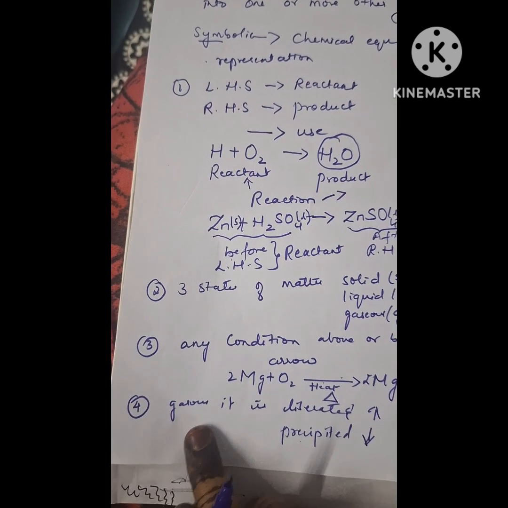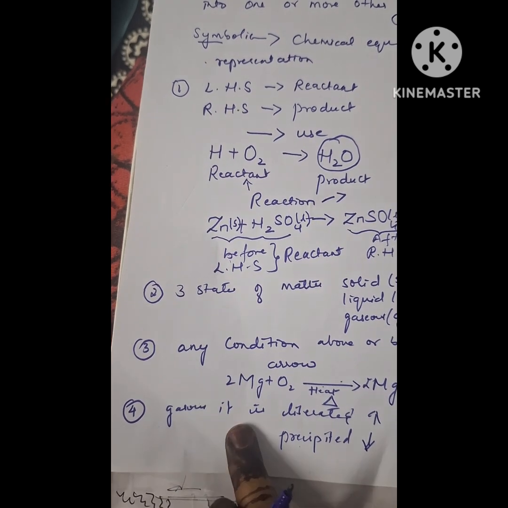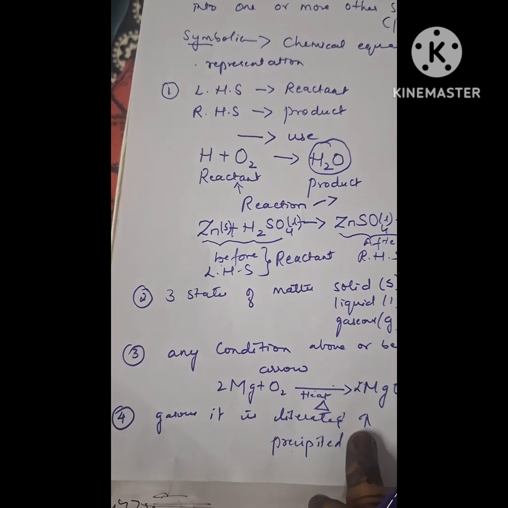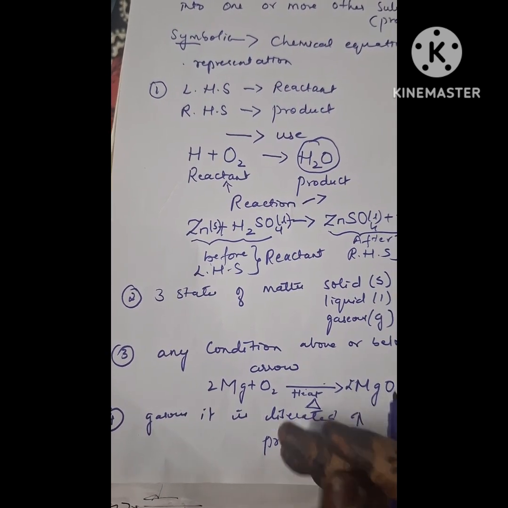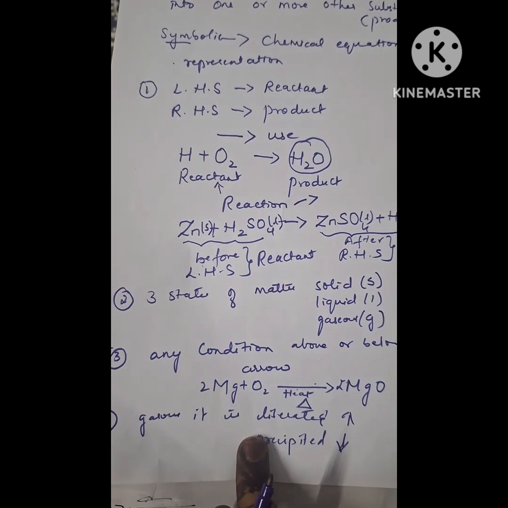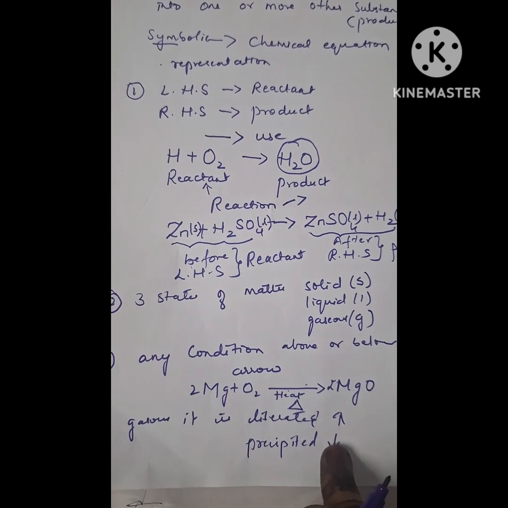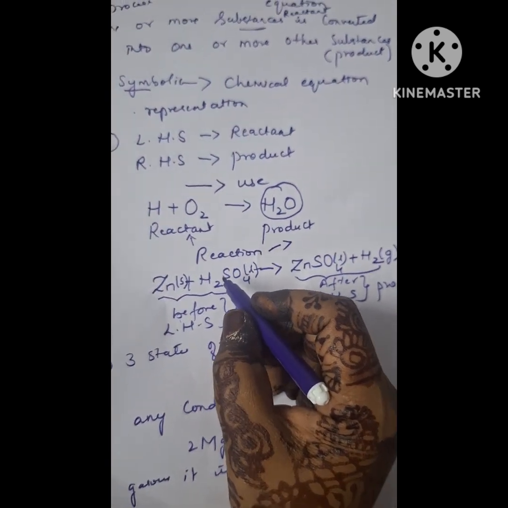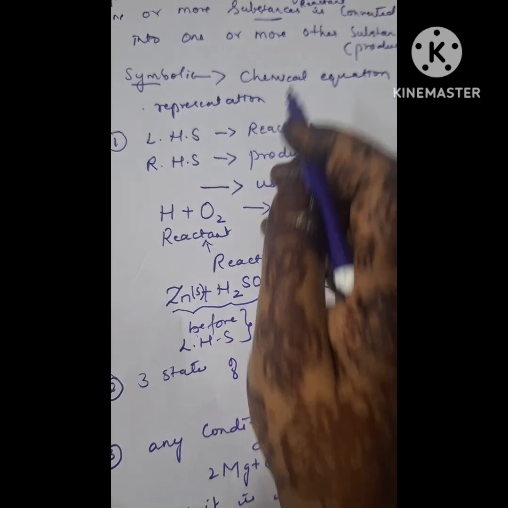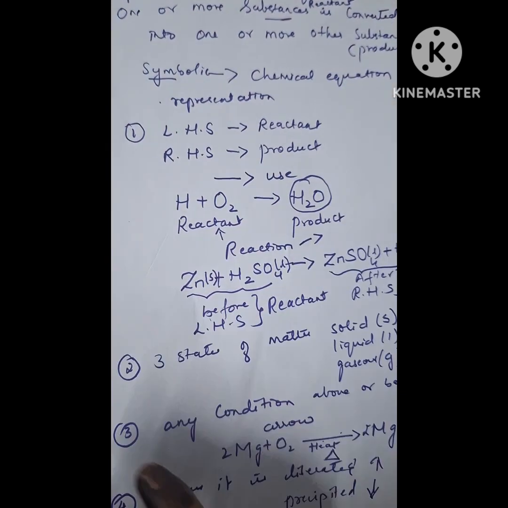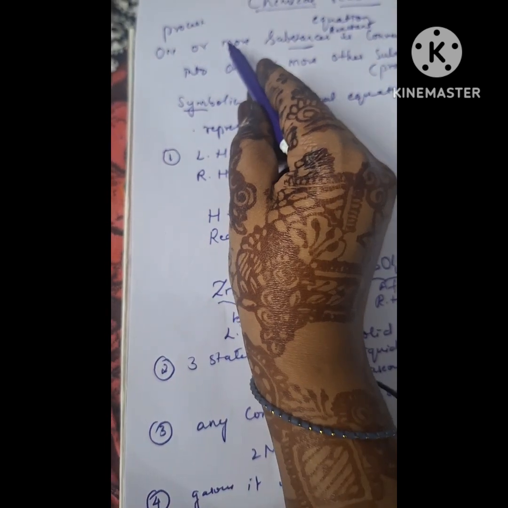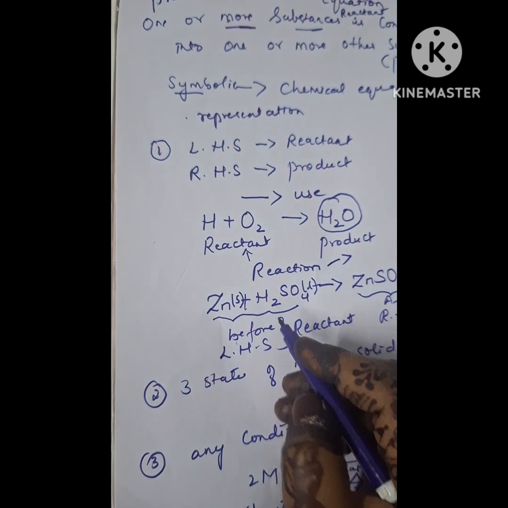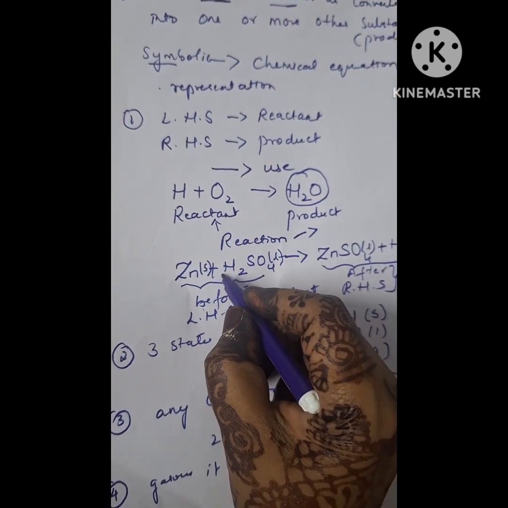Then next we have, if any gaseous product is formed and it is liberated, we use the upward arrow mark, means liberated. And similarly, if we get any precipitate, we use the downward arrow mark. Now one thing I have to tell you, if there are more substances, we use this plus symbol.